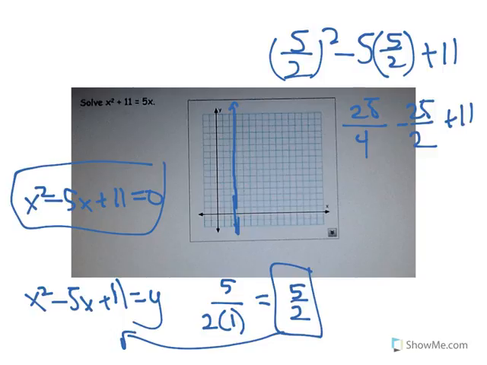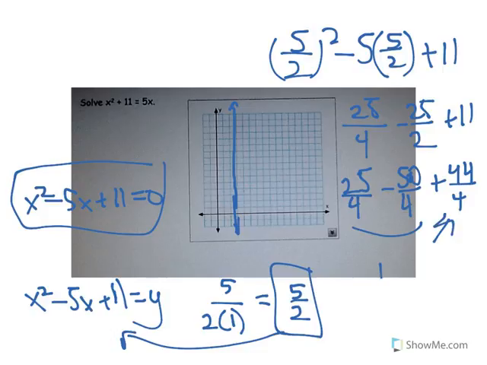Let's change that all into fourths, so we end up with 25 fourths minus 50 fourths plus 44 fourths. This part here gives me negative 25 fourths, and then I'm going to end up with 19 fourths here, which is 4 3/4.